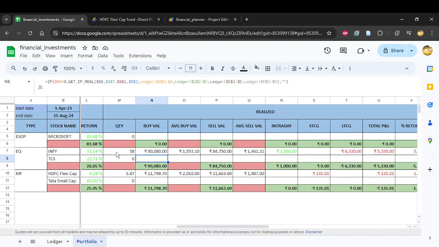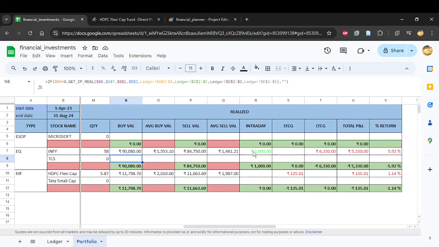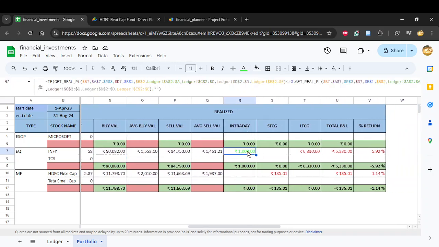I have sold, let's say, 58 shares of Infosys between these time periods, and the buy value for these 58 shares is the total cost of purchase for these 58 shares, then the average price, the total sale value of these 58 shares, the average sale value, and what was the intraday profit for the shares that I have sold among the 58 shares.